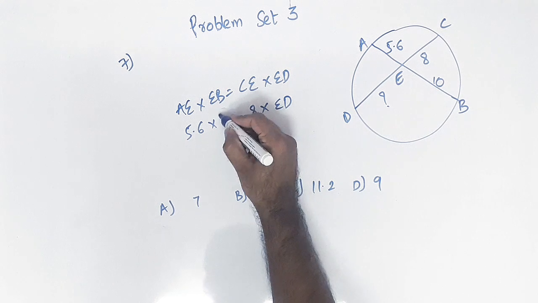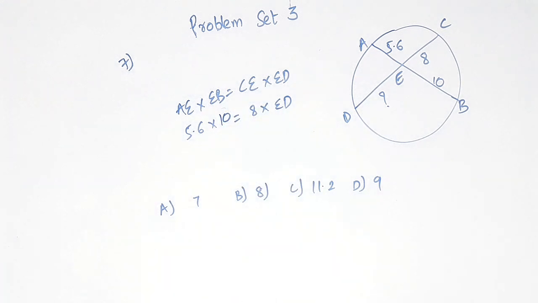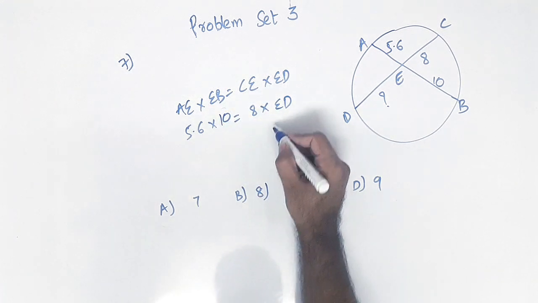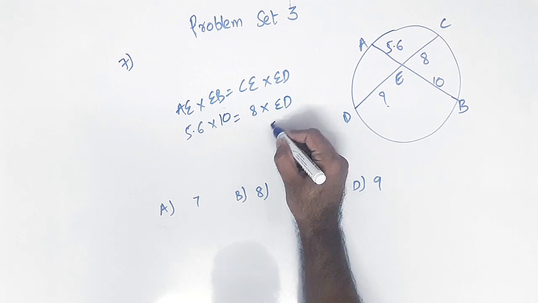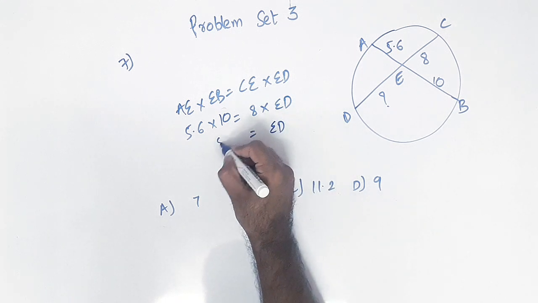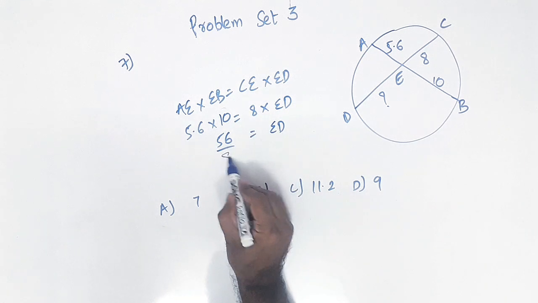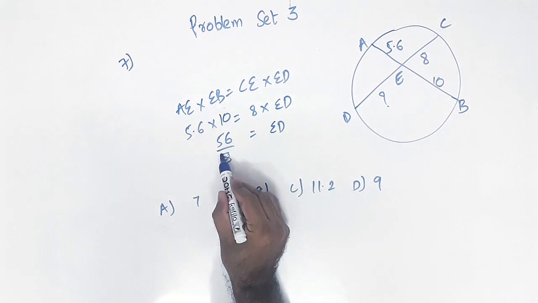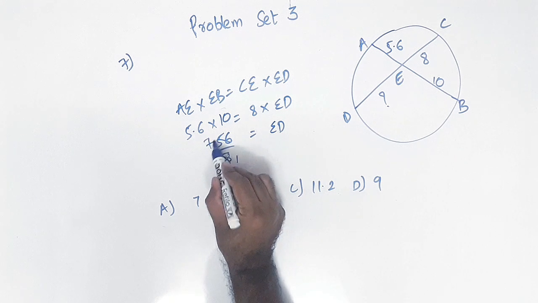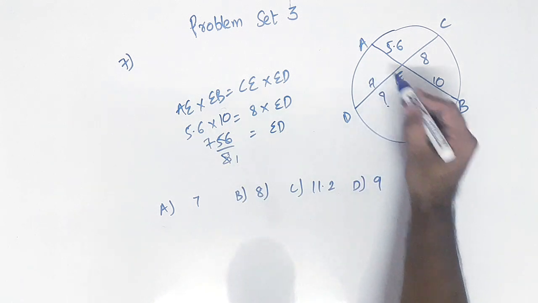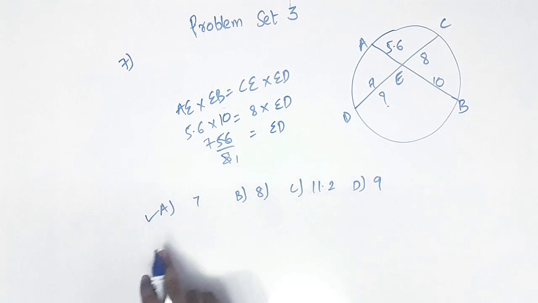EB is not 8, EB is 10. So ED is equal to 5.6 into 10, which becomes 56, and 8 will come below. 8 sevens are 56. So ED is 7. So your option A is the correct option.